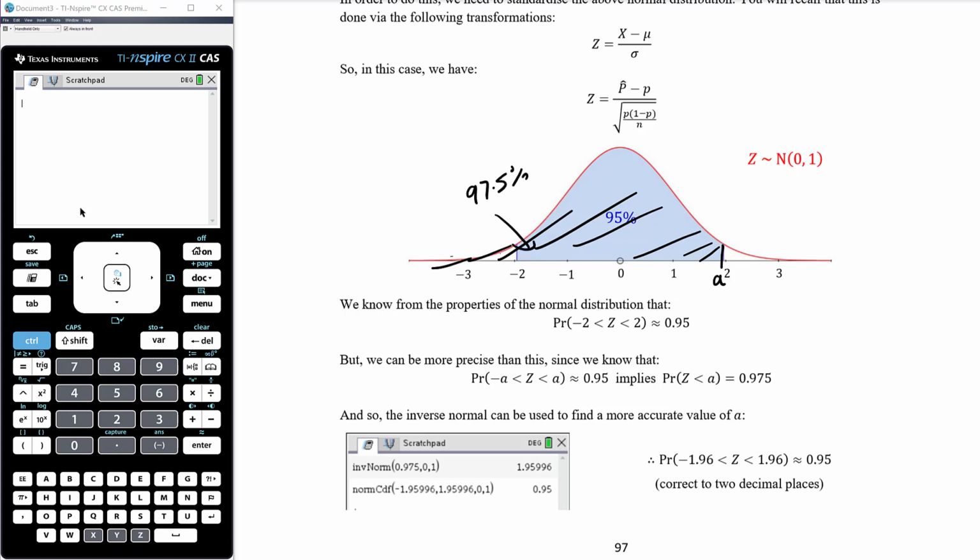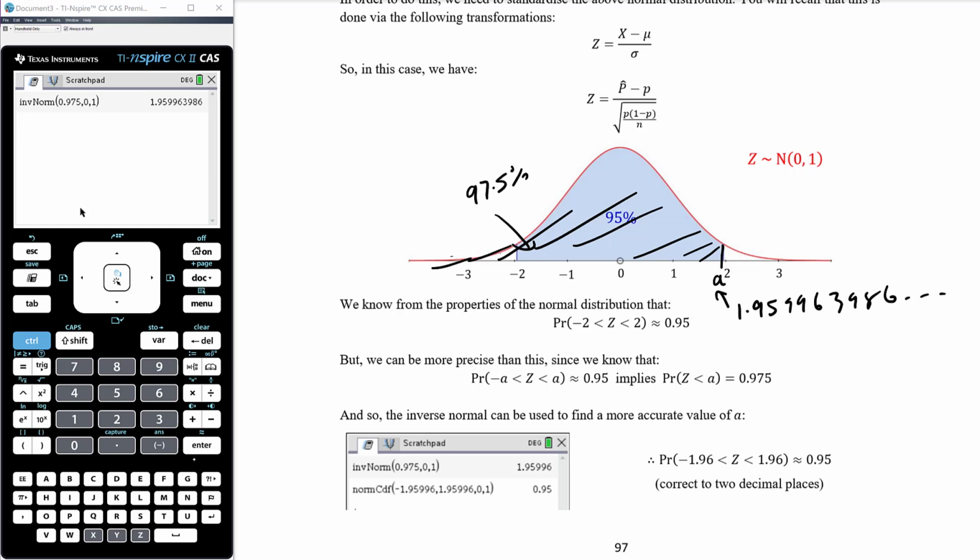So I can use inverse normal. On the calculator: menu, 5 for probability, 5 for distributions, 3 for inverse normal. The area is 0.975. It's a standard normal, so the mean is 0 and the standard deviation is 1. And I can work out that this A value is actually 1.959963986, etc. So we can approximate it better.